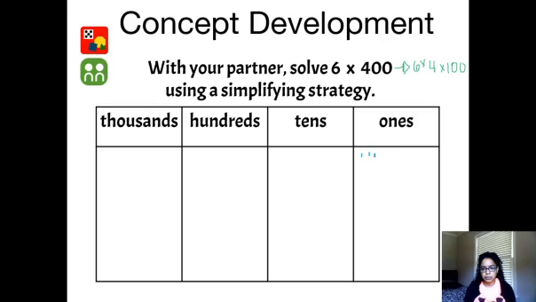So 1, 2, 3, 4, 5, 6. And then how many groups of 6 are we going to have? 4. So 1, 2, 3, 4, 5, 6. 1, 2, 3, 4, 5, 6. And 1, 2, 3, 4, 5, 6. So now we have a total of 24 here.